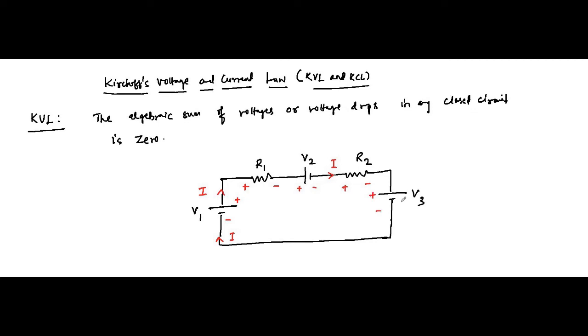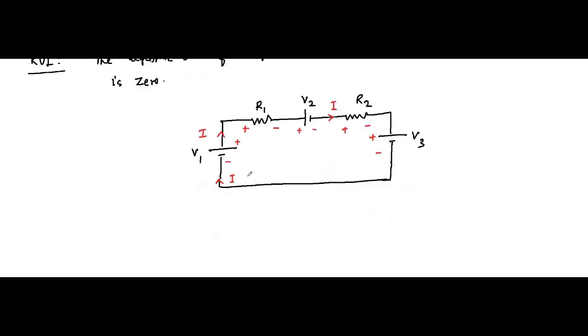So there are two ways of applying KVL. First is the first sign dominating method. Second is the second sign dominating method. In the first sign dominating method, while writing the KVL equation, whether you put plus or minus depends on the first sign you encounter while dealing with each circuit element.